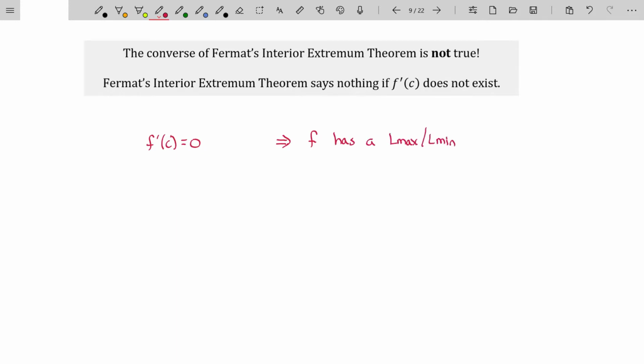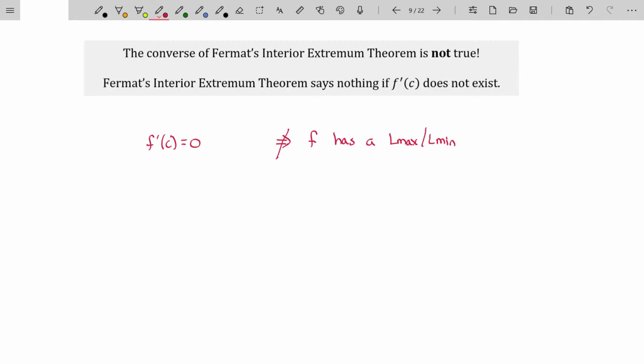But that would be the converse of Fermat's interior extremum theorem, and that's just not true. Because I can give you graphs that have derivatives of 0, but that function does not reach a local extreme there. So the derivative is 0, let's just pretend right there momentarily, but that's not a local extreme. So there's a good counterexample.